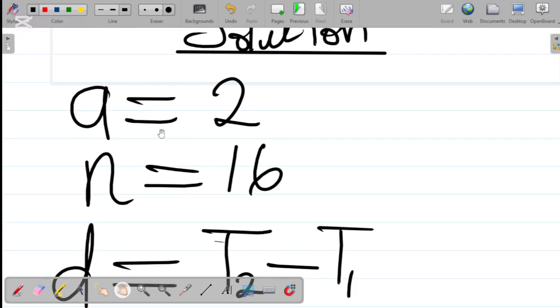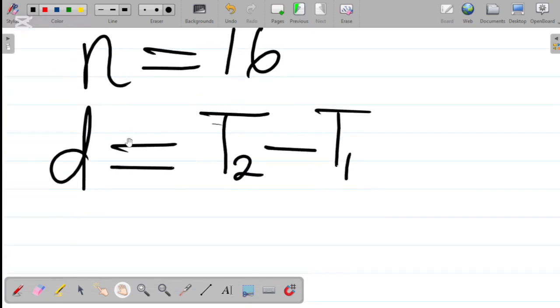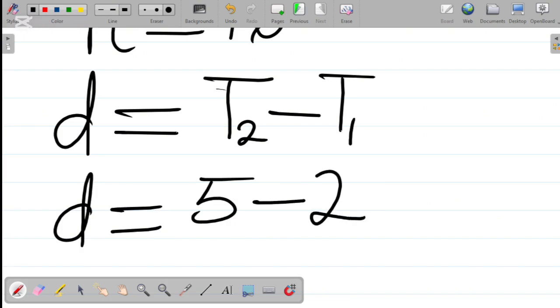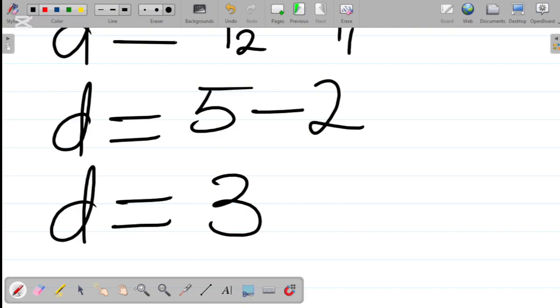It's either you choose a or T1. So d is equal to 5 minus 2. So therefore the common difference is equal to 3. So this is the common difference.